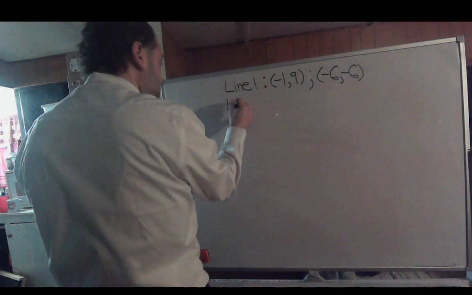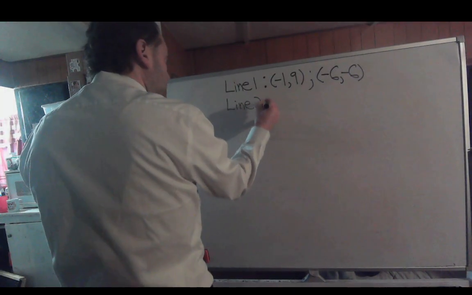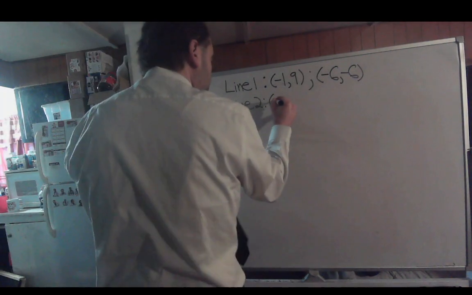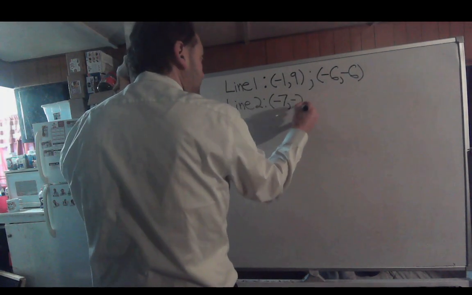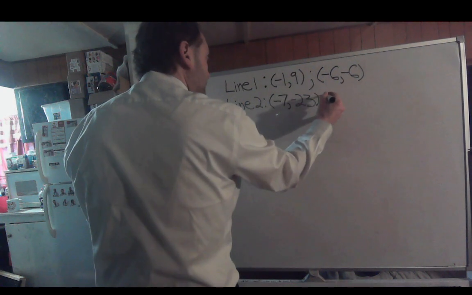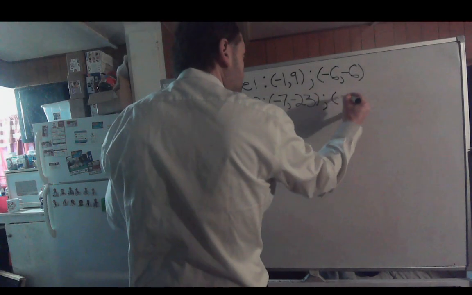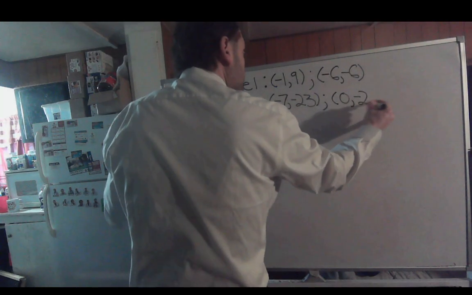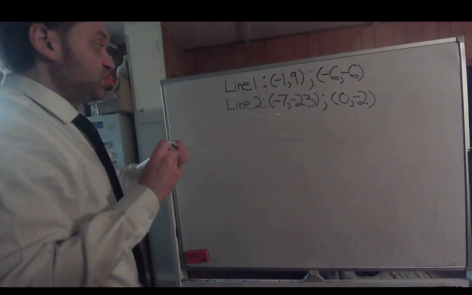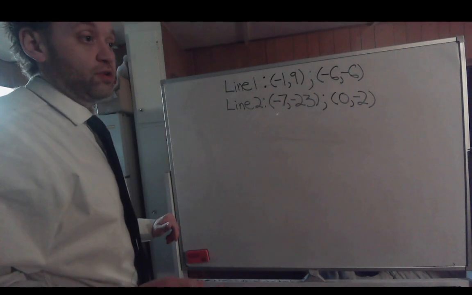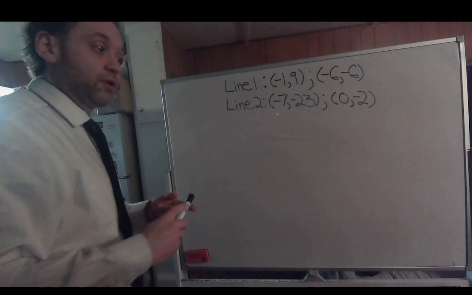Line 2 has the points (-7, -23) as well as the point (0, -2). We're going to use the slopes of each of these two lines to determine if they are in fact perpendicular to each other, or parallel to each other, or neither.